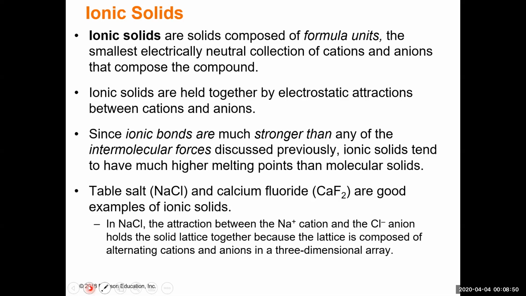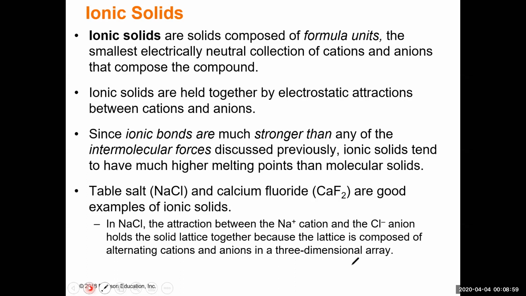Because this lattice is composed of these alternating cations and anions in a three-dimensional array. So we have our positive sodium attracted to a negative chloride ion, which is attracted to a positive cation, which is attracted to a negative anion, and so on.